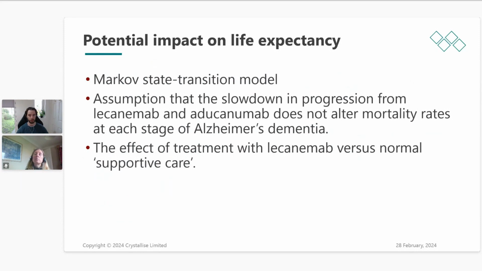Whenever these drugs go through the approval process for a particular regulator, in the UK the regulator is NICE, and the approval process is a health technology assessment. They generally assess the cost benefit of a particular drug. This is essentially calculating the number of good years gained from the drug relative to the cost of the drug.